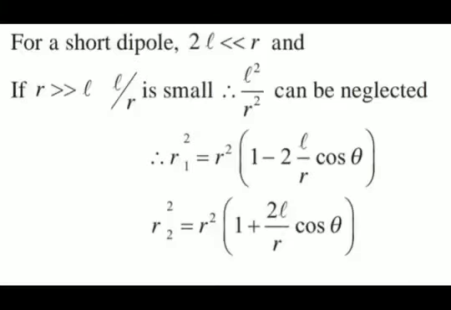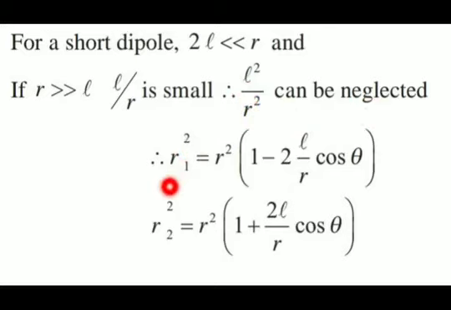Now as this is a dipole, for a short dipole 2L will be less than r, and r will be much greater than L. So we can say that L upon r will be very small, and because of this L square upon r square can be neglected, as this value will be very small.